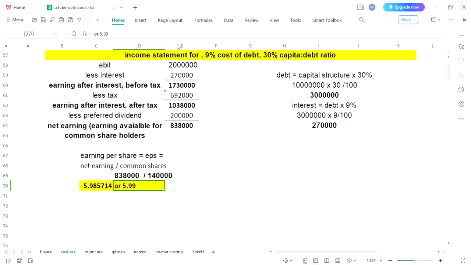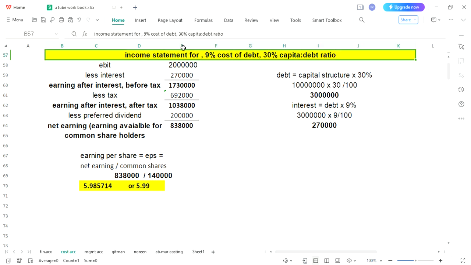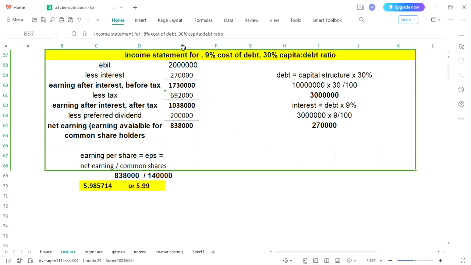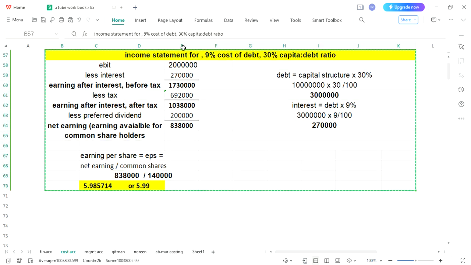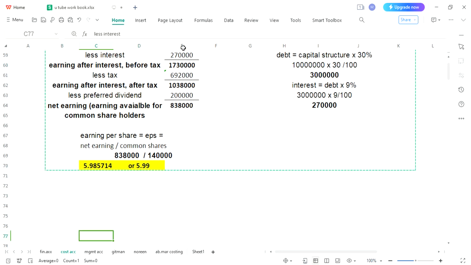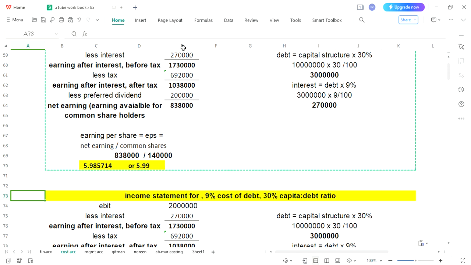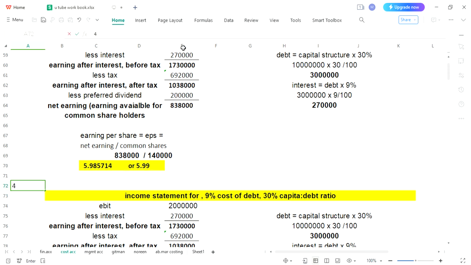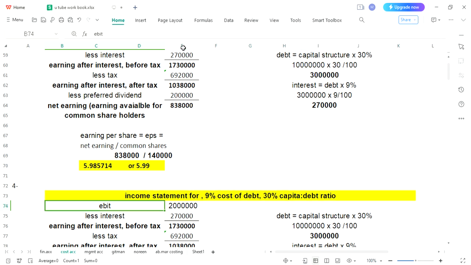Now we are open to calculate our fourth statement, for which we need this whole proforma, and Excel is giving us a little help. Instead of writing everything again and again, we are just taking help and using the same headings.